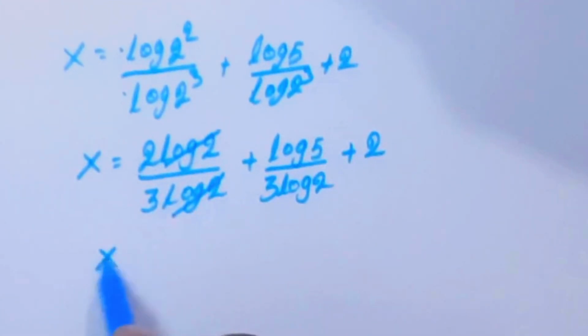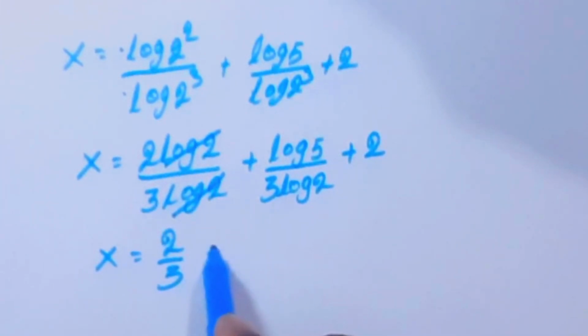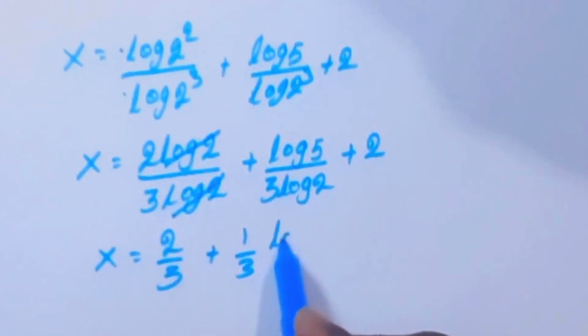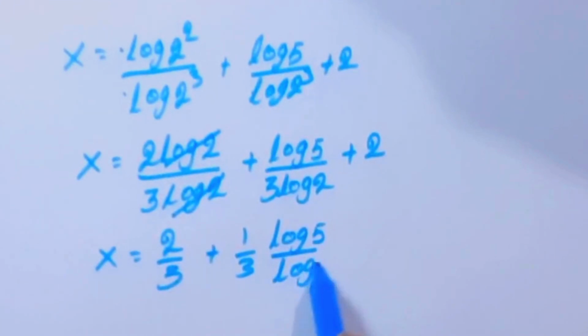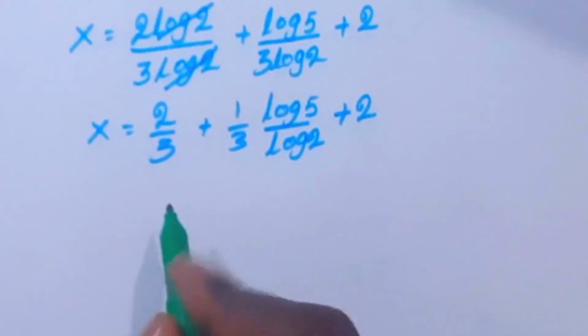So we have x equal to 2 by 3 plus 1 by 3 times log 5 by log 2 plus 2.